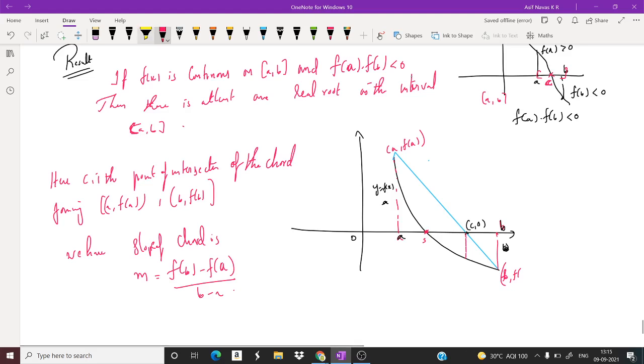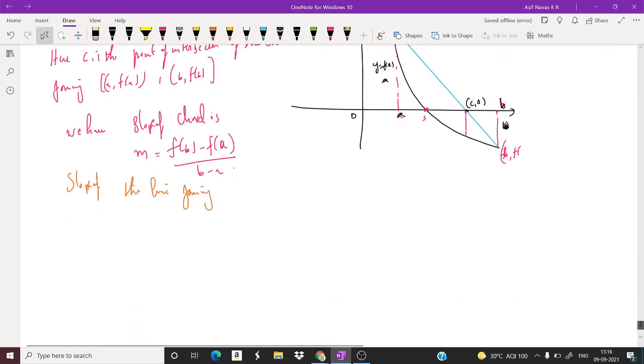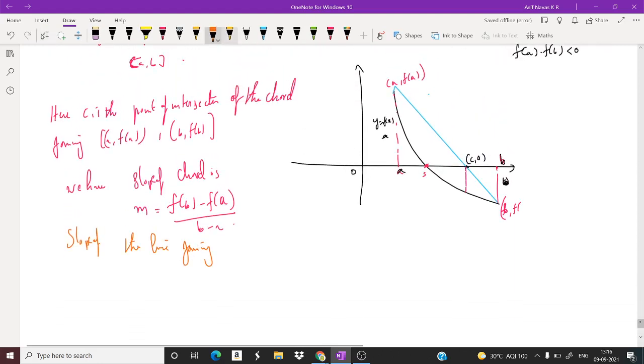Also, this is the same line, so also the slope of the line joining C0 and B, f of B.